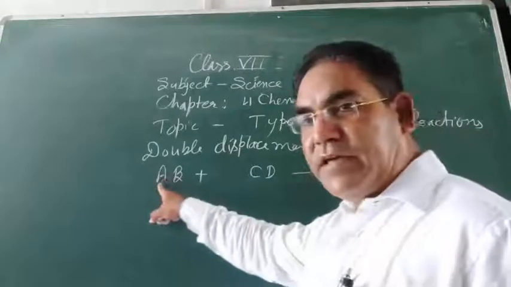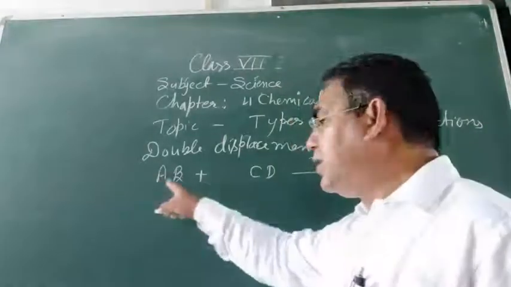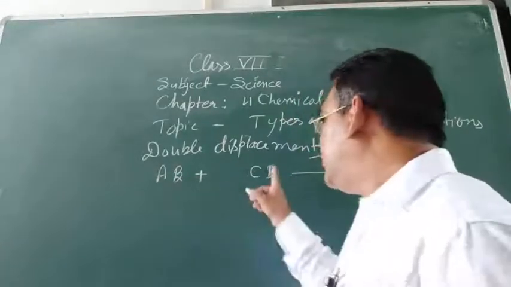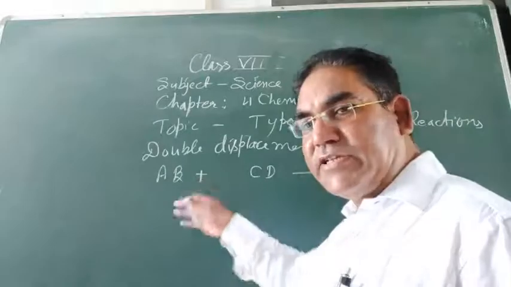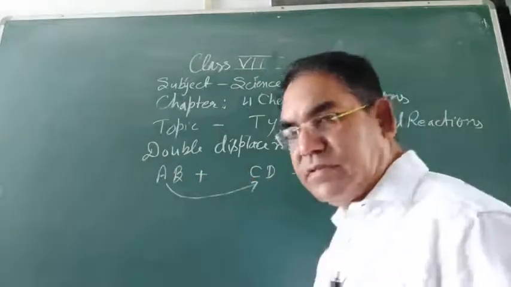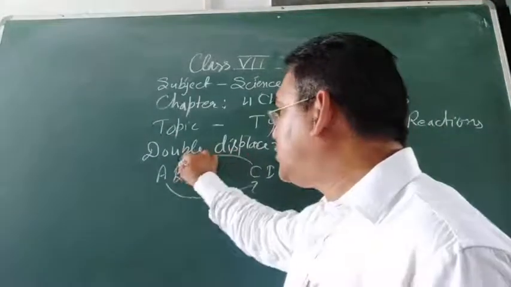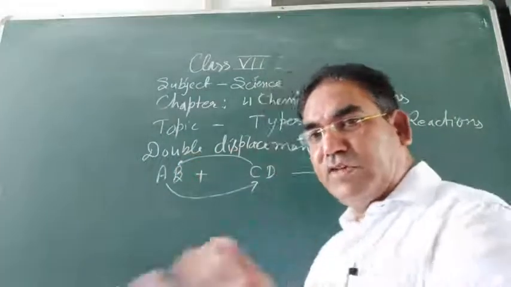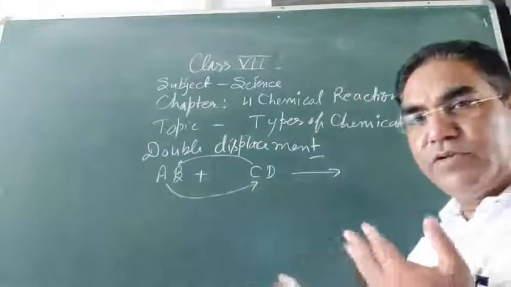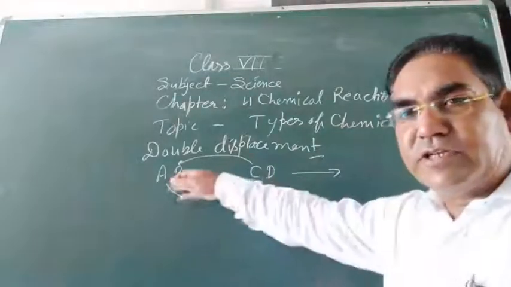Now, A may displace C, and there is an exchange of ions. A displaces C and C displaces A. Exchange of ions takes place. Both have exchanged with each other. Not only this one will change the other, this one will also change it.